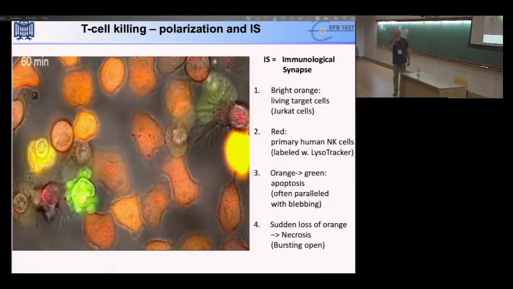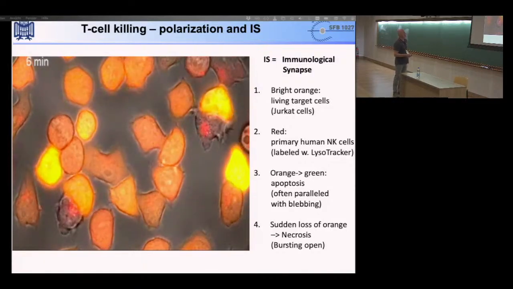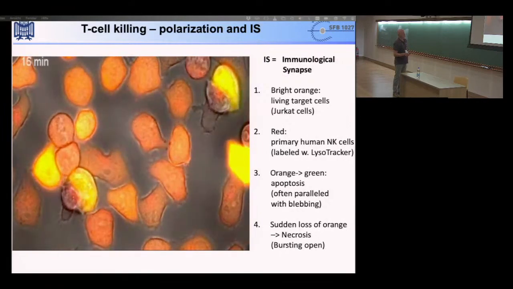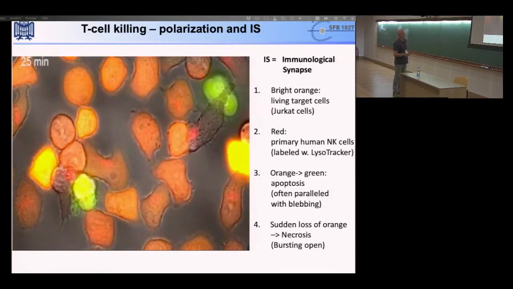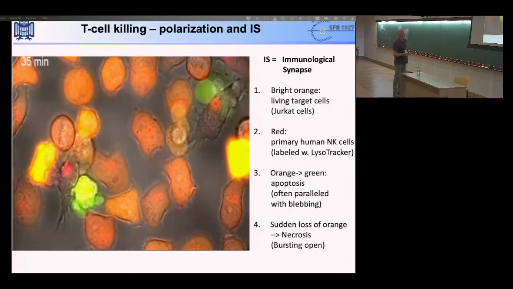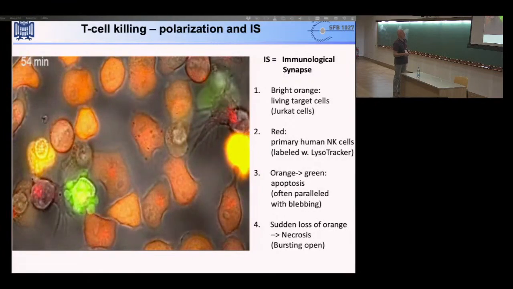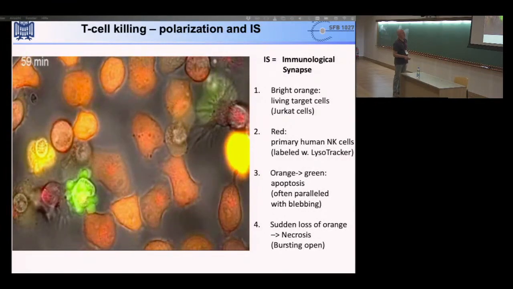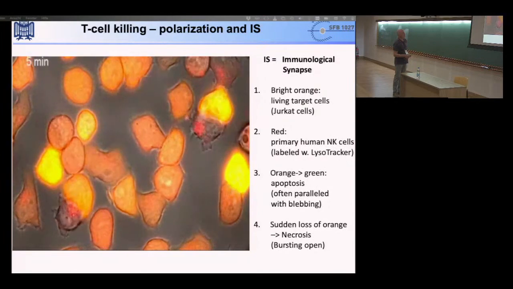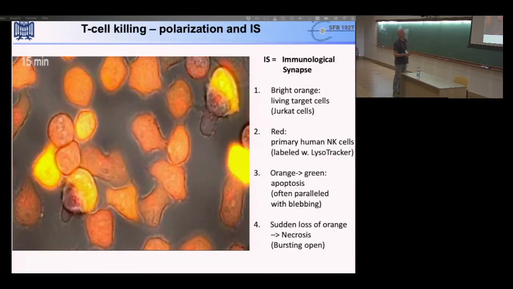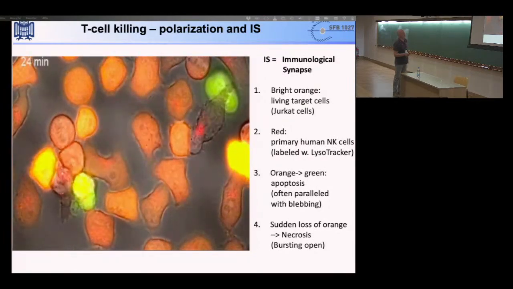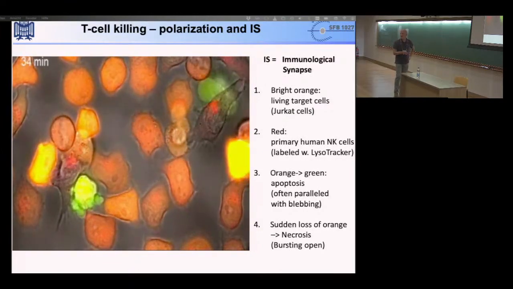They are typically accumulated, as I mentioned, at the centrosome. And when you observe this movie, you see that inside the cell, this red dot moves towards the synapse. Yeah? And then when this happens, the poor target cell gets killed. Bloop. And here this fades away. So this is simply an indication that before the killing is actually performed, this red dot goes to the contact area.